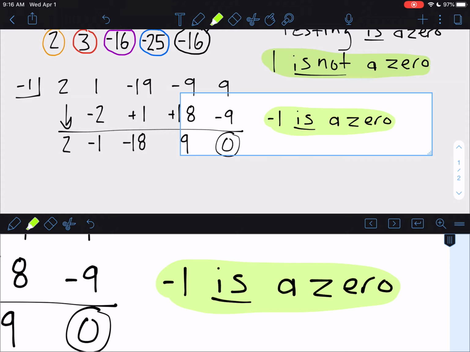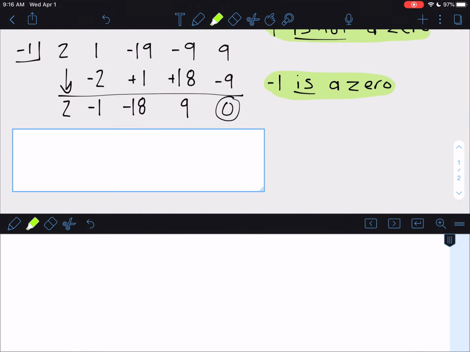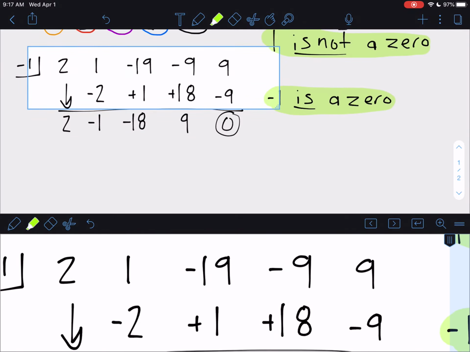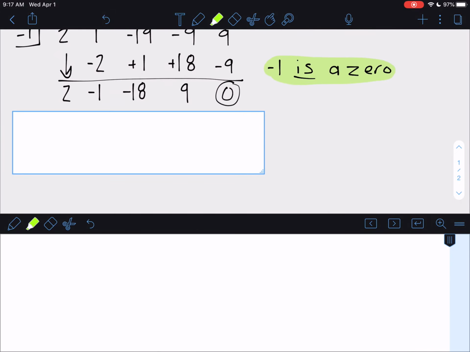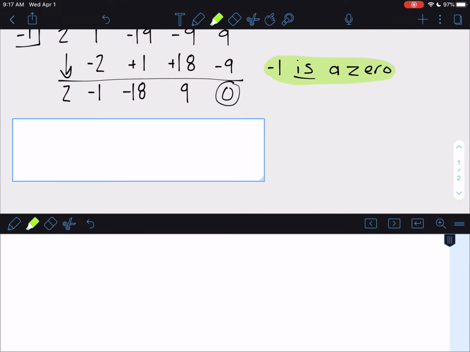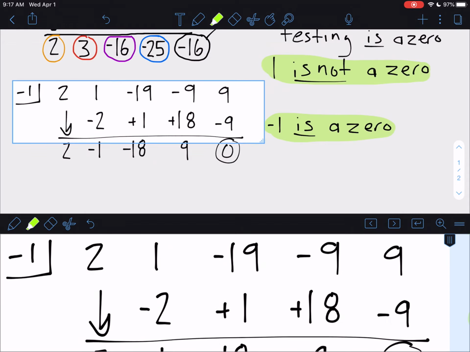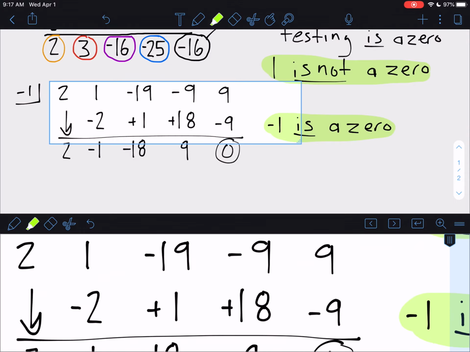So now I could continue doing my synthetic division with the same numbers, the 2, the 1, the negative 19, the negative 9, and the 9. But I'm not going to, because I had my original polynomial, and I figured out what would happen if I pulled negative 1 out, if I pulled the root of negative 1 out.